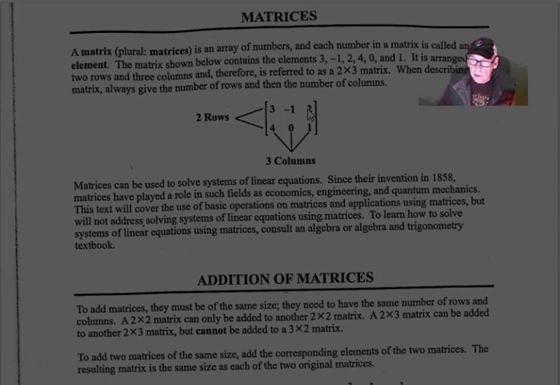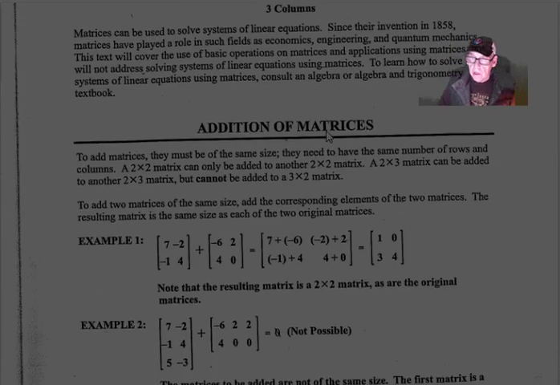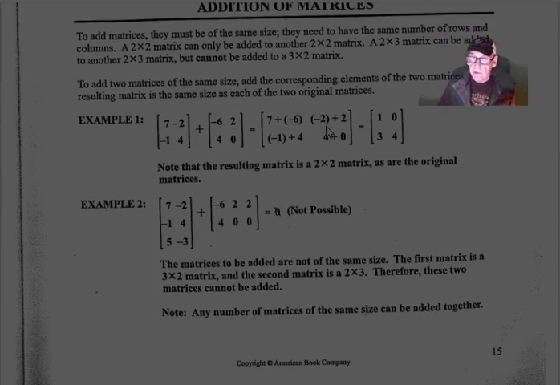But this packet really starts with matrices and adding and possibly subtracting matrices. The key idea with adding or subtracting matrices is that they have to have the same size. In terms of dimensions, matrices are always labeled in terms of rows by columns.